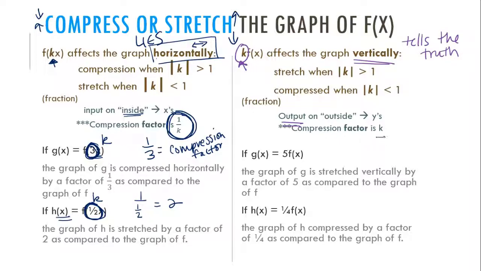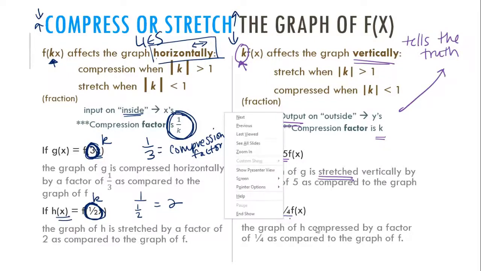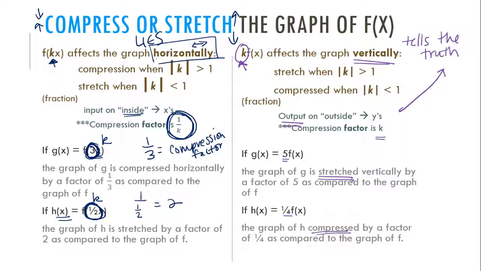And the compression factor is in fact k, so it tells the truth. So if I have 5 out front, that really is my factor, and that tells me that I've stretched vertically by a factor of 5. If I have a factor of 1/4 out front, that tells me that I've compressed by a factor of 1/4 compared to my parent function.